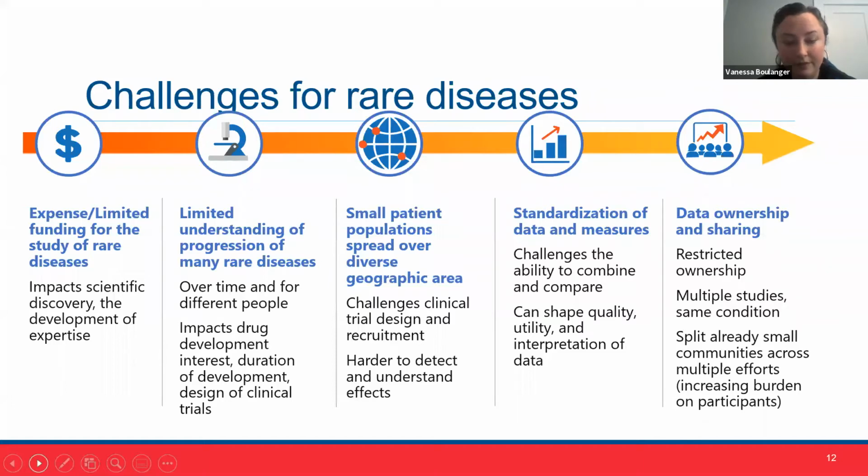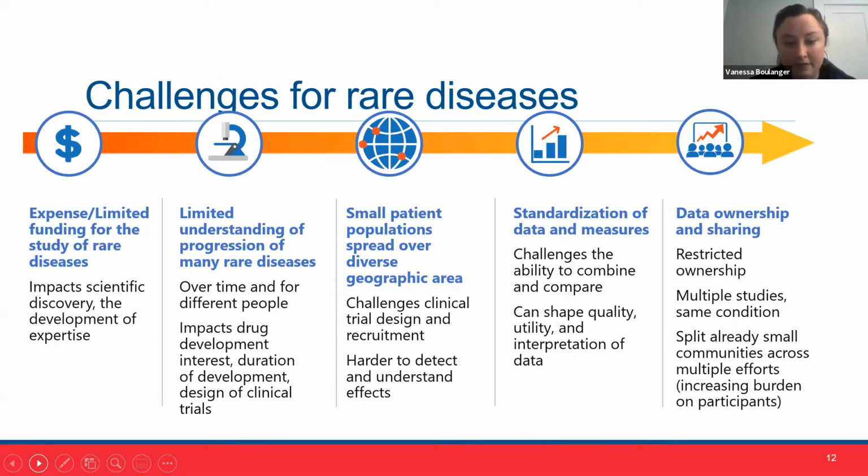Rare disease populations, by nature, are often quite small. So there are few patients, often geographically dispersed, and so identifying people who are within the community and then engaging them in research is an important step and often can be a bit of a challenge as you're getting started.